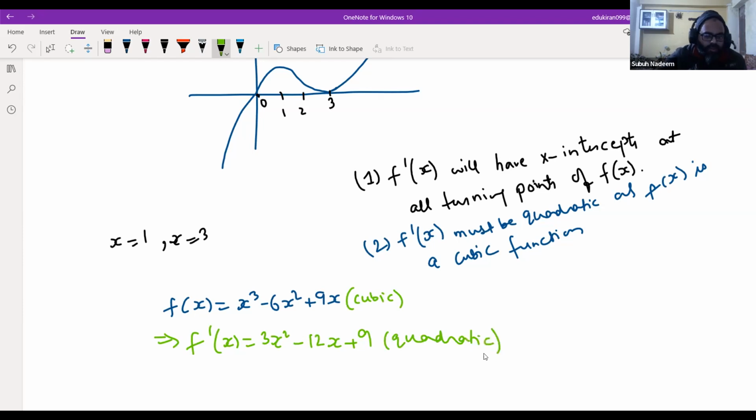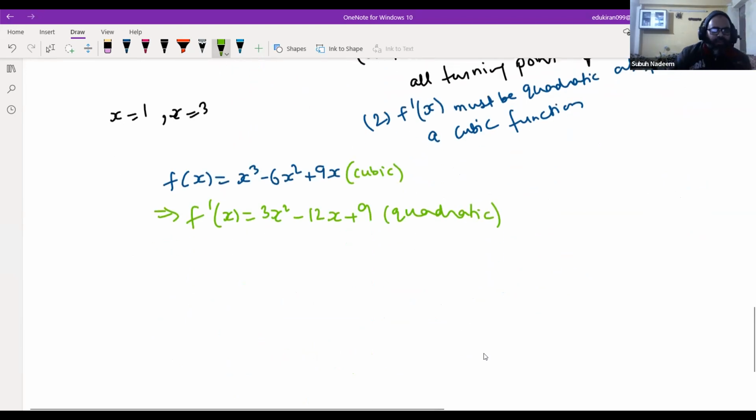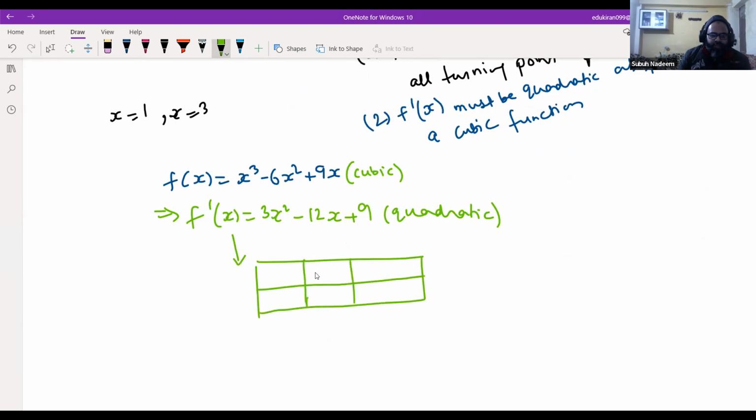Now, another point is we can take the derivative and find several points to estimate the derivative. So let us estimate several points here. 2 points I'm estimating. You can estimate more than 2 points also. Like I'm taking x equal to 0. So f dash x will be 9 when you put x is equal to 0 everywhere. Next I'm putting, let us say, x is equal to 1.